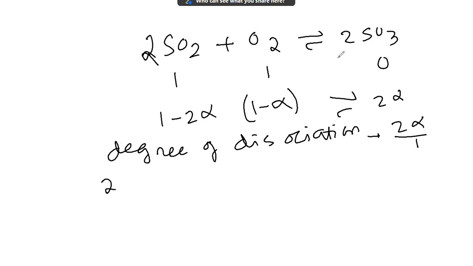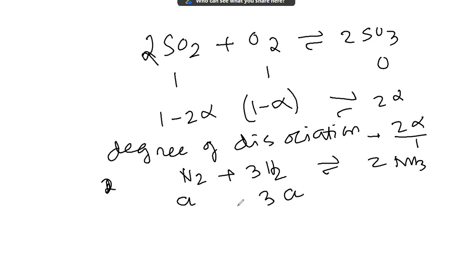Suppose the third and last case. Let us take another equation for your understanding. Suppose we have taken N2 plus 3H2 reversible sign 2NH3. Suppose we have taken a moles here and 3a moles here.